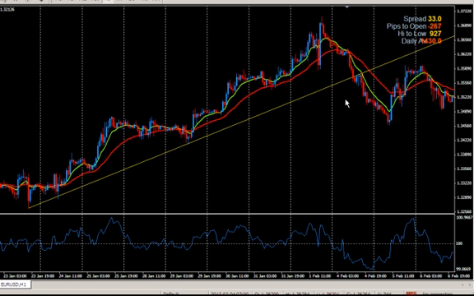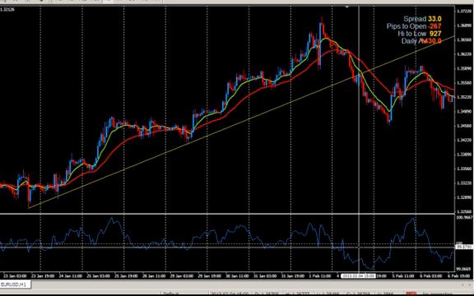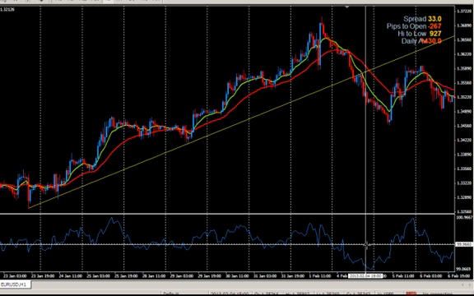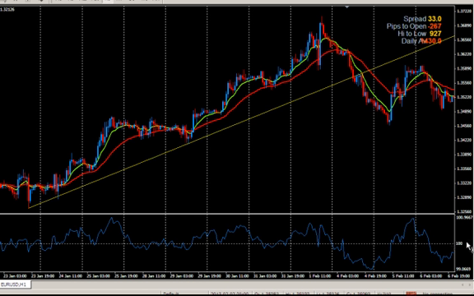And number 3 is the momentum. As we said before, it will help us to confirm our trade. So in case of entering short, the momentum should be at that time below the level 100, and if we were entering long, it should be above level 100. So these are the 3 conditions that should be fulfilled all before entry in any trade.